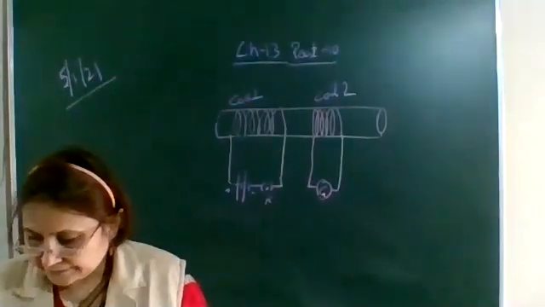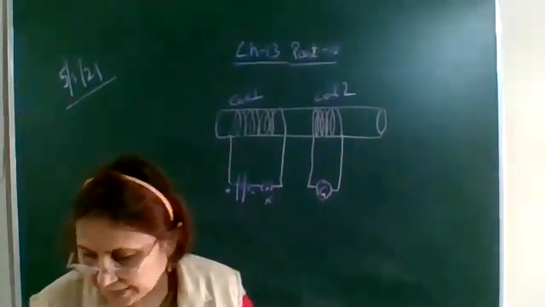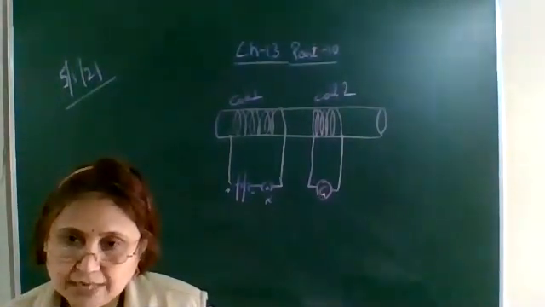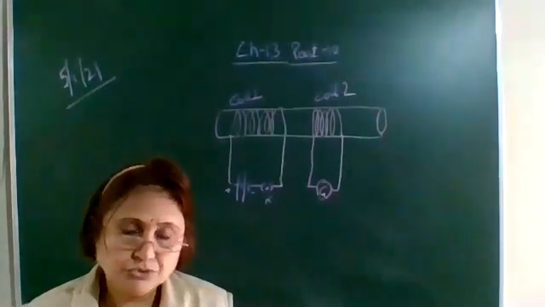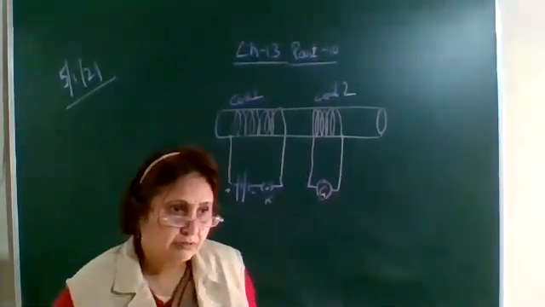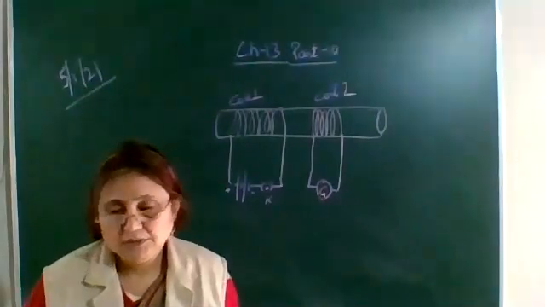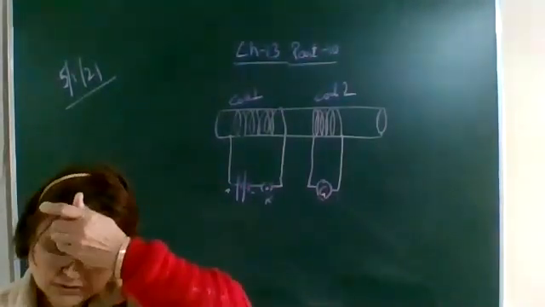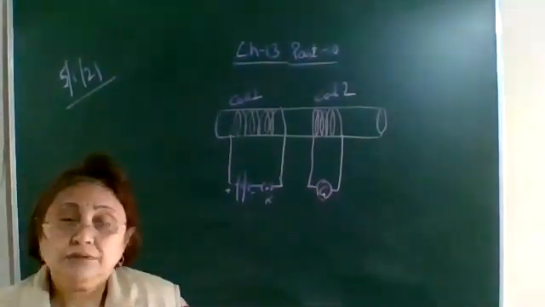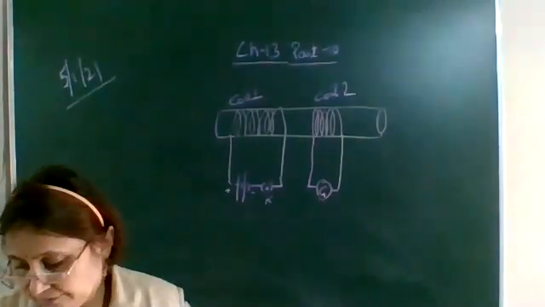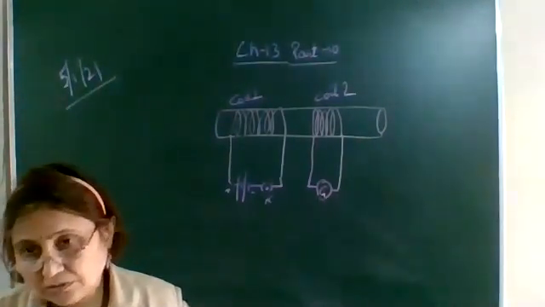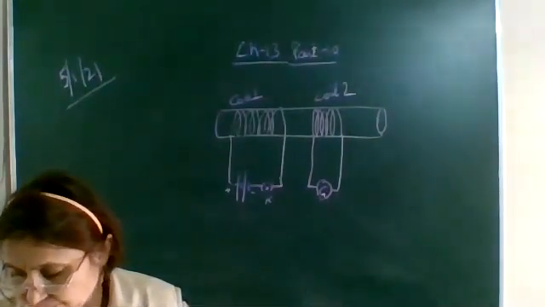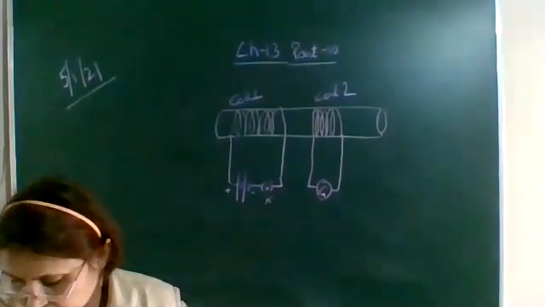Give an activity to show that current is induced in a coil when a magnet is moved towards or away from the coil.